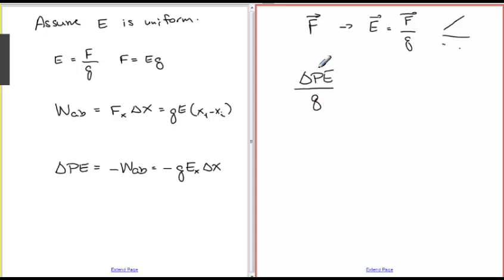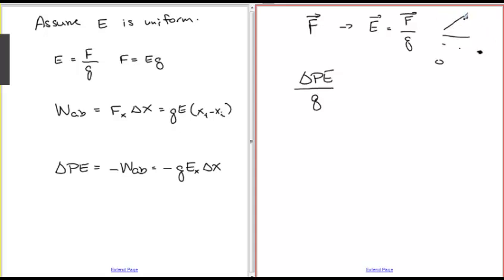A similar thing happens here in that the change in potential energy per unit charge allows us to think not about the potential energy associated with the relative position of two charges in space, but to just take a single charge in space and say what is the potential energy per unit charge at a point in space.